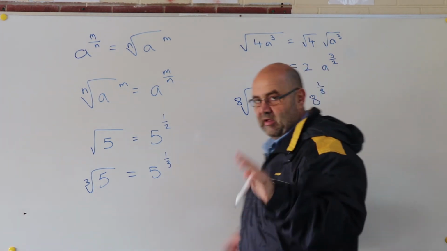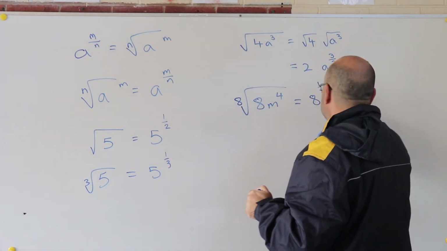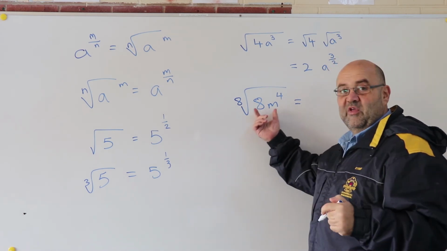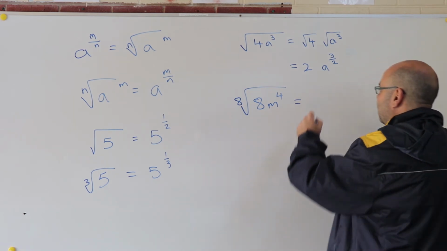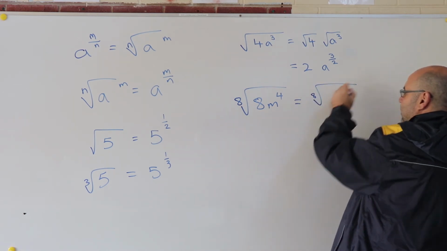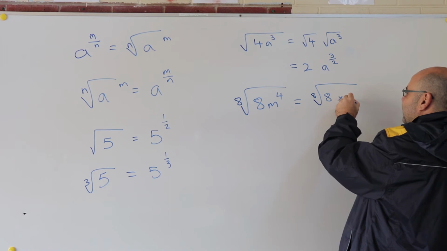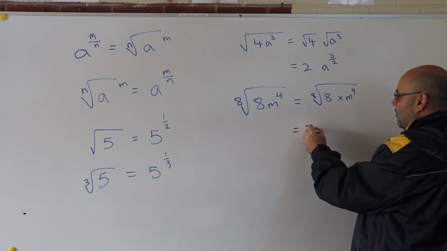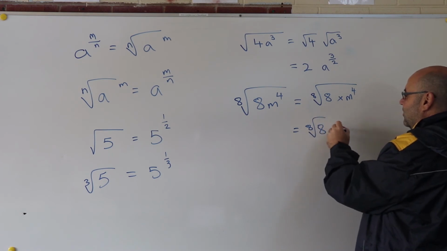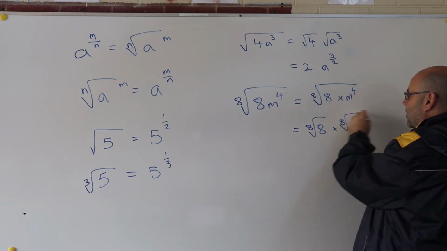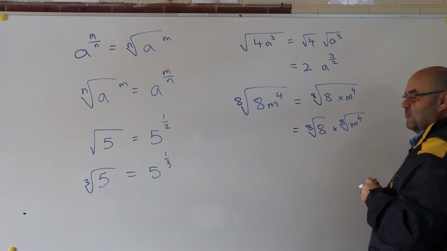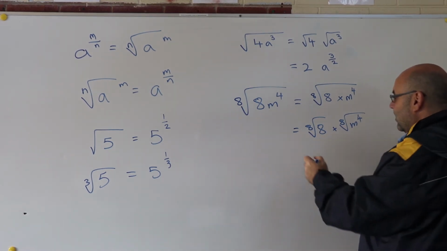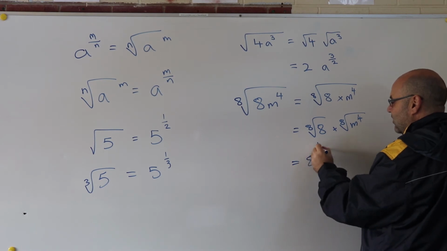Oh, hang on, I'll put a step in, forgive me, I just jumped a step there. Whenever we've got a surd where things are being multiplied, we can break those things up. So it's the 8th root of 8 times m to the 4, which is the 8th root of 8 times the 8th root of m to the power of 4. The 8th root of 8 I can't do anything with, so that's just going to be 8 to the power of 1/8.